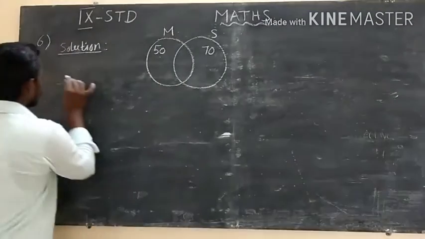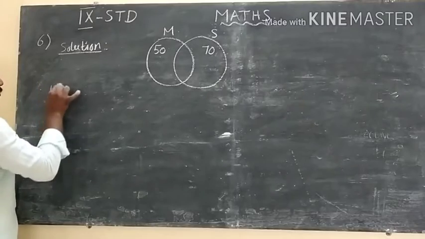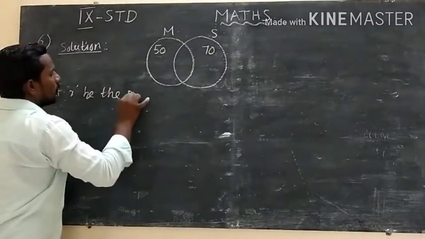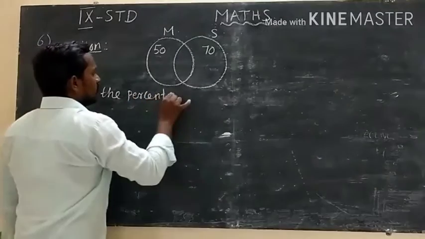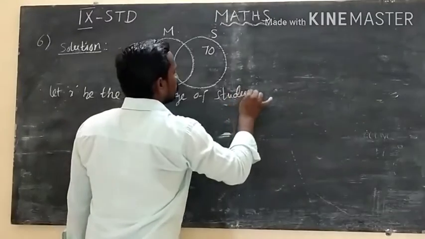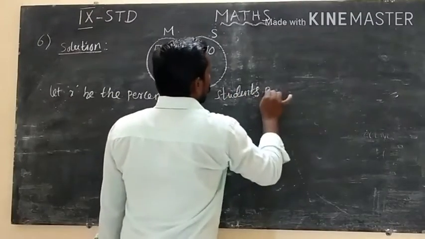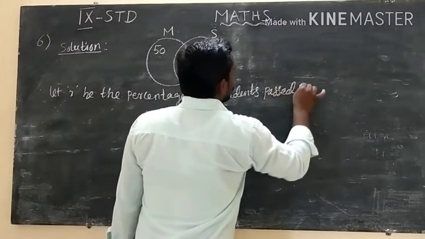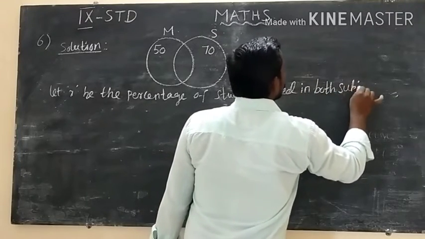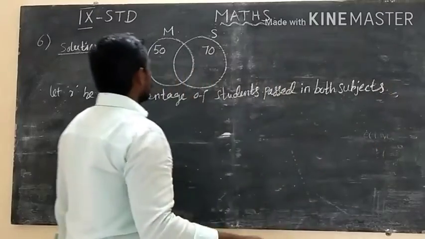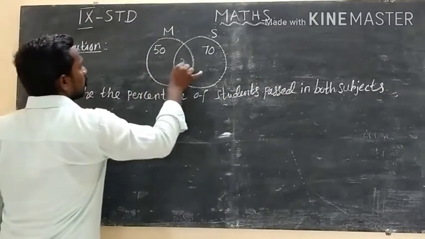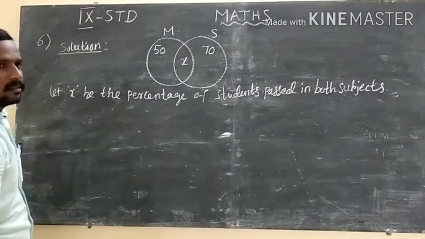So let x be the percentage of students passed in both subjects. This is our assumption. This is for x percentage, not the number of students.